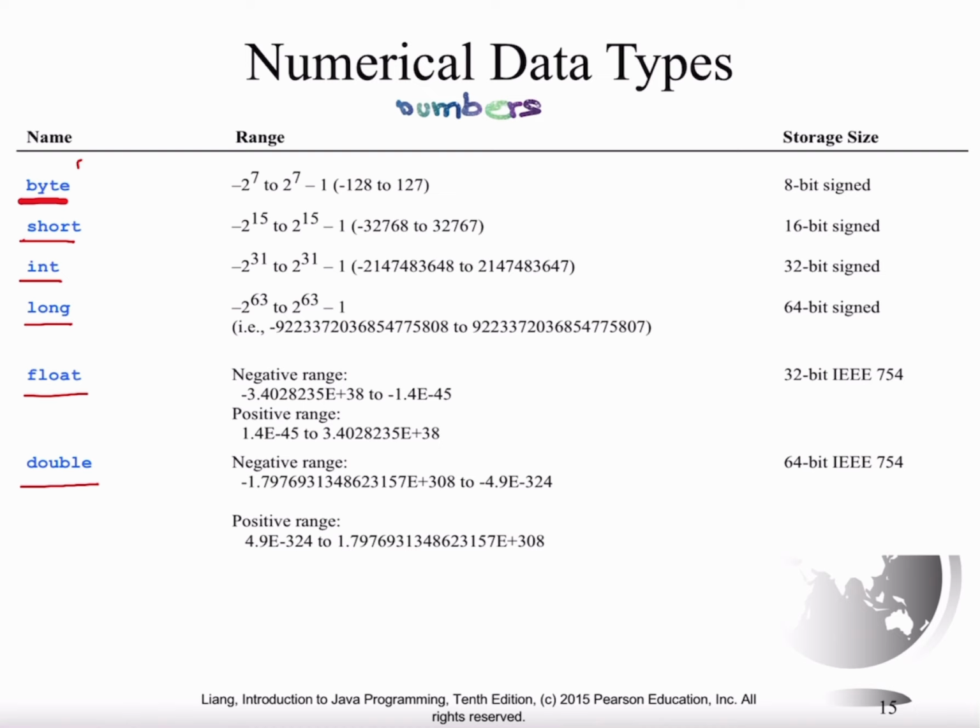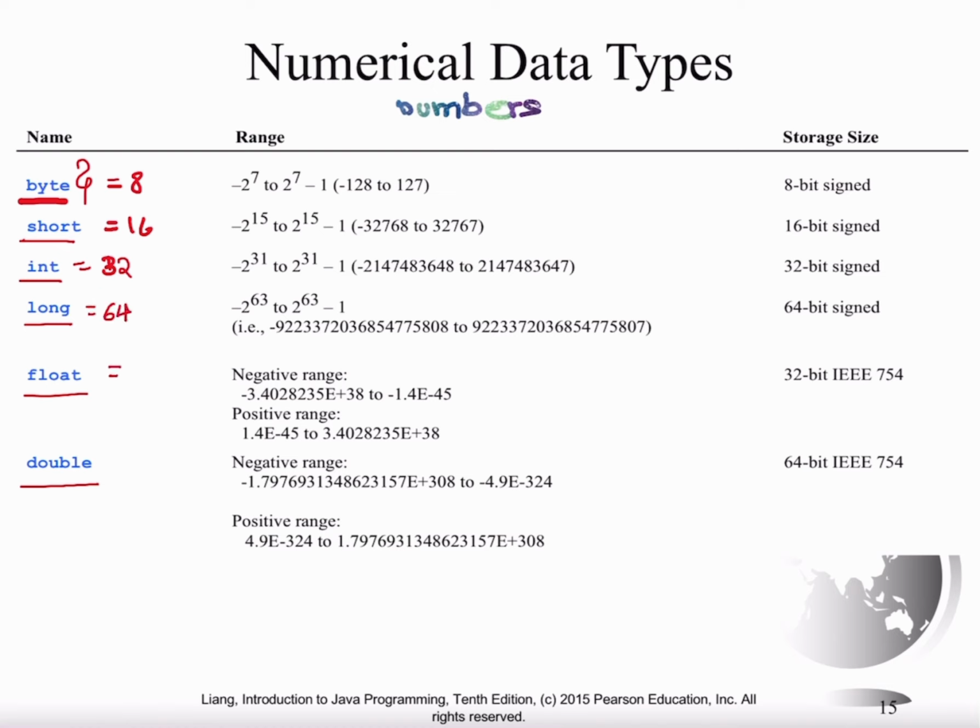We've talked about byte before, I believe, in the second lecture. We've said that 1 byte is equal to 8 bits, and short is equal to 16 bits. Integers are equal to 32 bits. Long is equal to 64 bits.